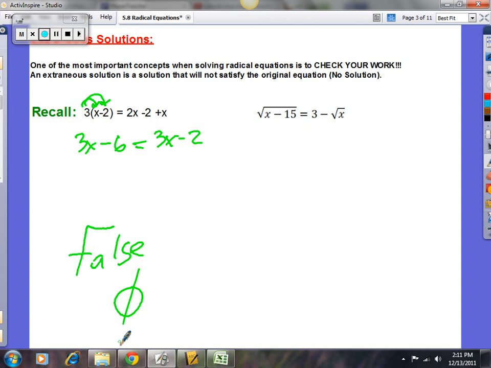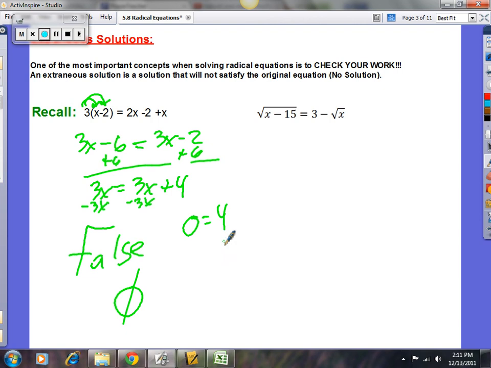Okay, if you do the math, here's what it's going to look like. If you plus 6, plus 6, you're going to get 3x equals 3x plus 4. Minus 3x, minus 3x. You're going to get 0 equals 4. 0 equals 4 is false. If you ever get false, your answer is no solution.